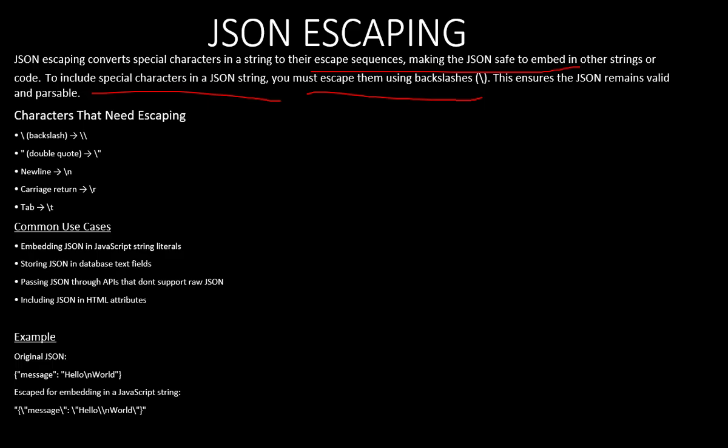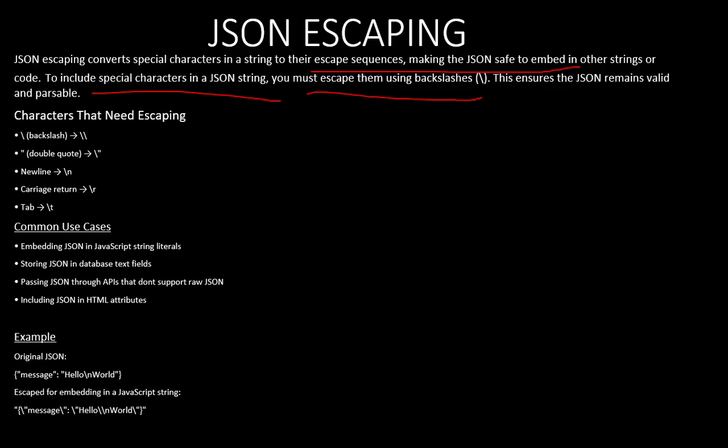Sometimes if your JSON is not in proper format, it will throw an error. So make sure your JSON is handling the special characters. For these special characters, you need to add a backslash so that the special meaning of that character is lost and then it works fine.